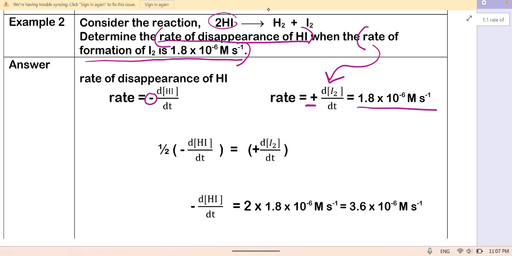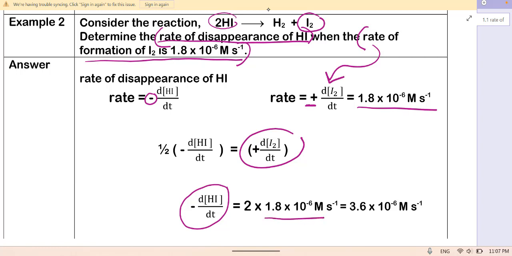Okay, so we connect HI and iodine. According to the equation, 1/2 rate of disappearance of HI equals rate of formation of iodine. Here we know the value, and we want to find the rate of disappearance of HI. So we insert the value and rearrange: 2 times 1.8.